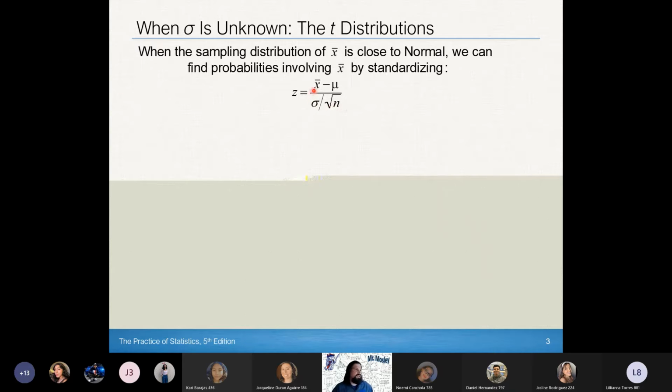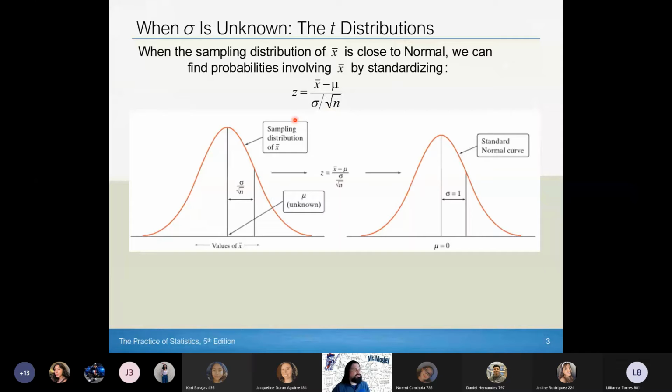We have z equals x bar minus mu divided by sigma divided by square root of n. This is familiar because it goes from our sampling distribution and standardizes to our standard normal curve, where we have a mean of 0, standard deviation of 1, and we can then treat this as a normal distribution and calculate probabilities and proportions and all that fun stuff.